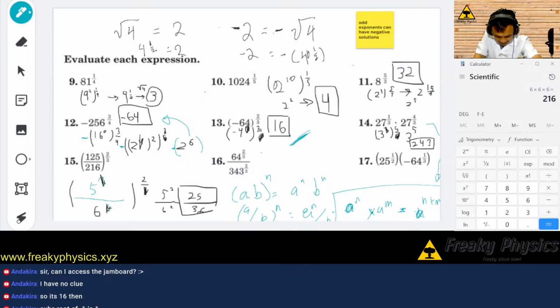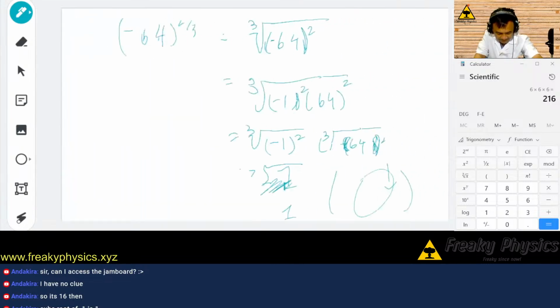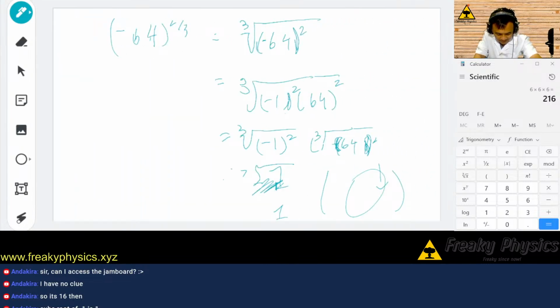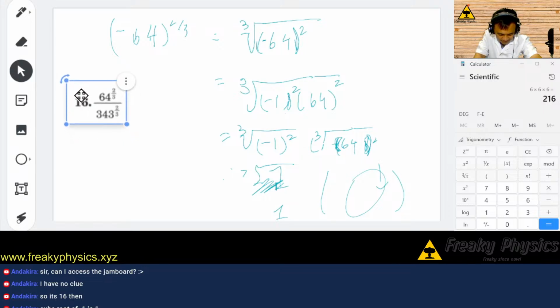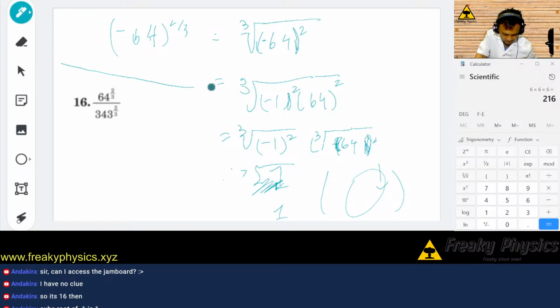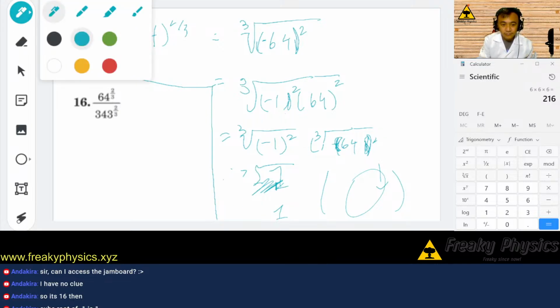So for number 16, it's the same idea as 15. I'll move it here. We can probably solve this here. Eight squared.